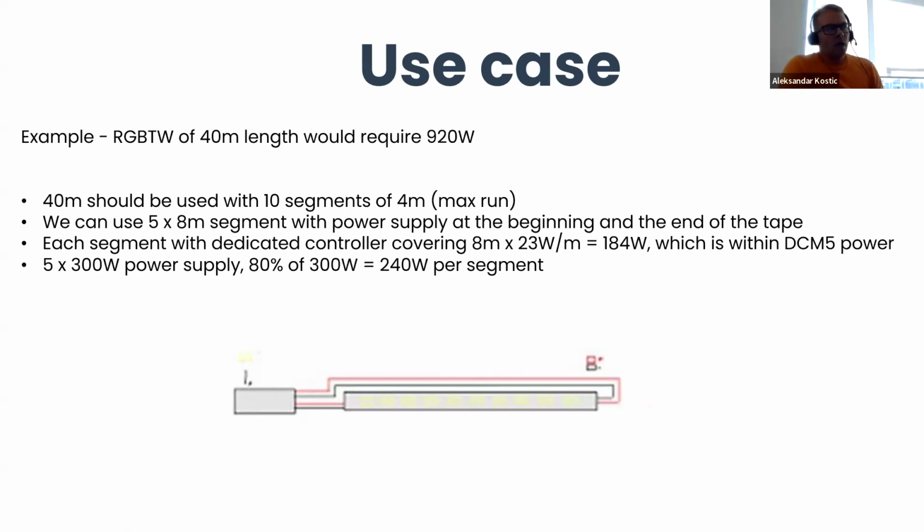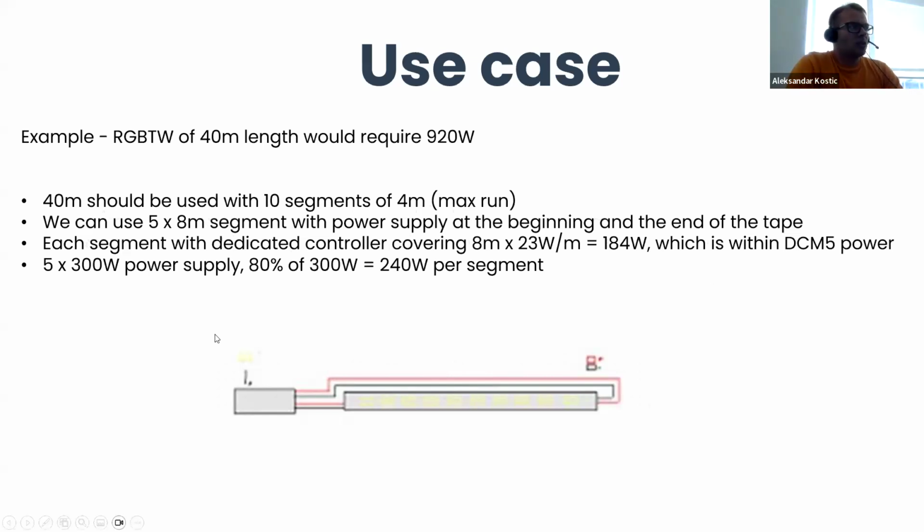And that's it. It is quite important that when you are designing LED tape setups, you always calculate the power you need and the places on the tape where power injectors will be, in order to have a proper setup.